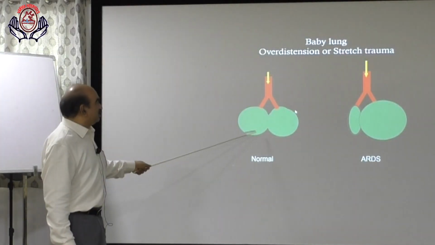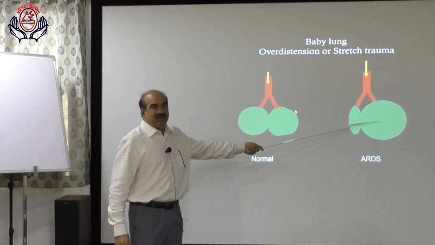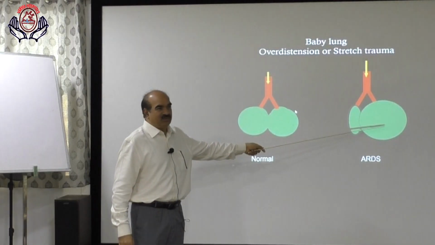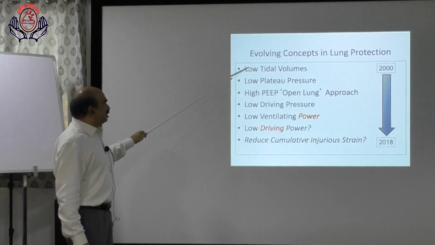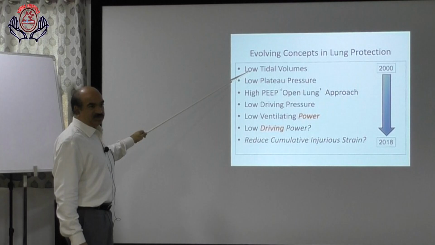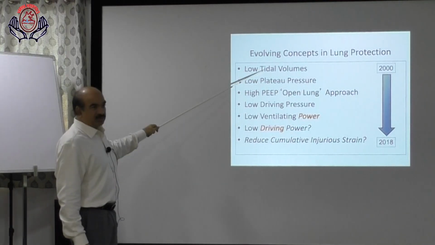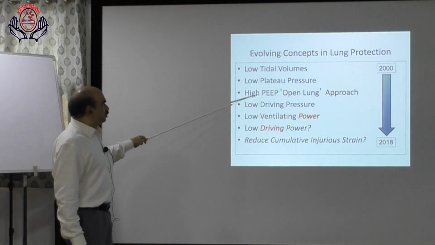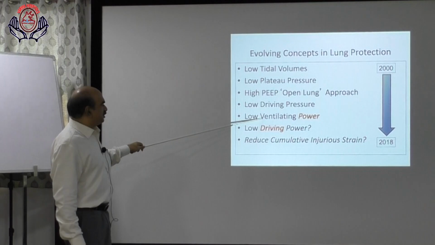In ARDS, if you increase tidal volume, some alveoli are overdistended, some are collapsed. So in ARDS, the emerging concepts are that we should prefer low tidal volumes and low plateau pressure, less than 30, so 6 ml per kg, and high PEEP, open lung approach, low driving pressure, low ventilating power.